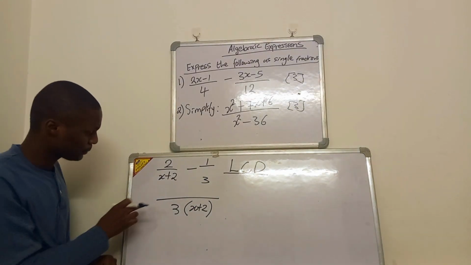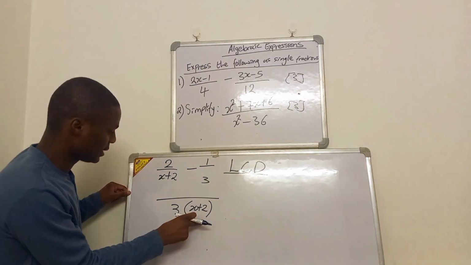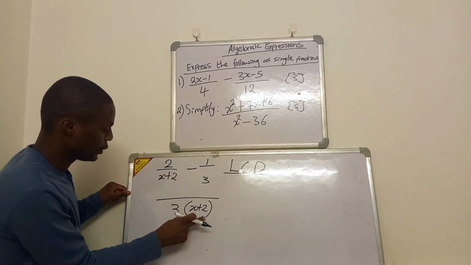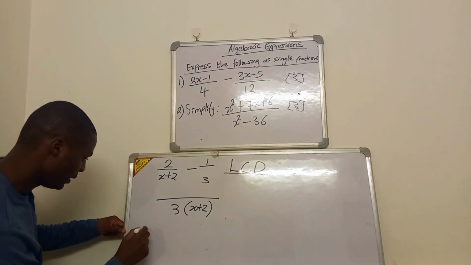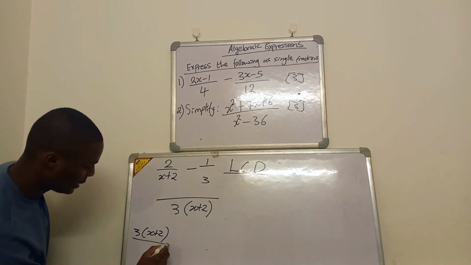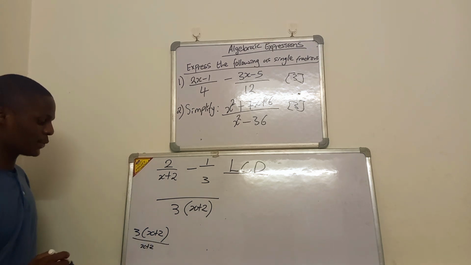So now we are dividing your x plus 2 into your common denominator. So it's like we have 3 and x plus 2 here divided by your x plus 2. What is going to happen?